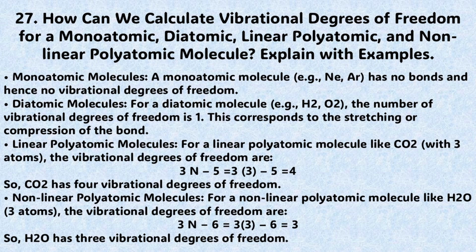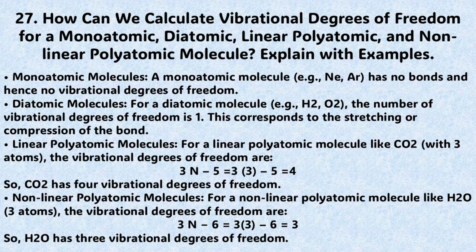Linear polyatomic molecules: for a linear polyatomic molecule like CO2, with 3 atoms, the vibrational degrees of freedom are 3n-5 = 3×3-5 = 4. So, CO2 has 4 vibrational degrees of freedom.